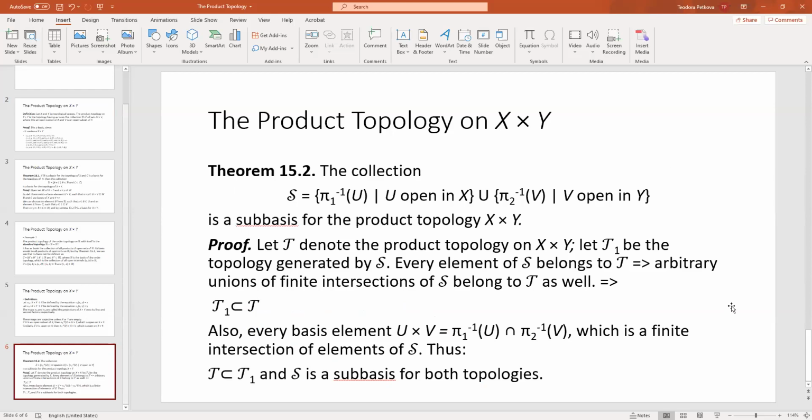If at the very beginning you have some kind of canonical map or natural map, and you want to have some kind of canonical or natural topology based on this map, then this would be the best way to define that topology.